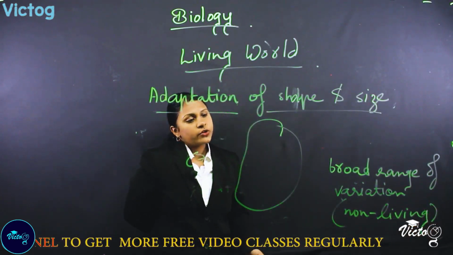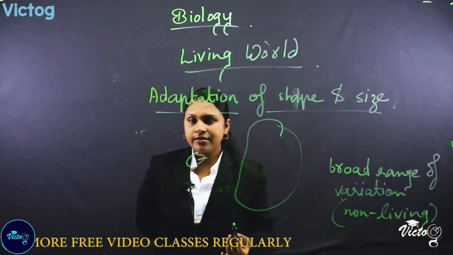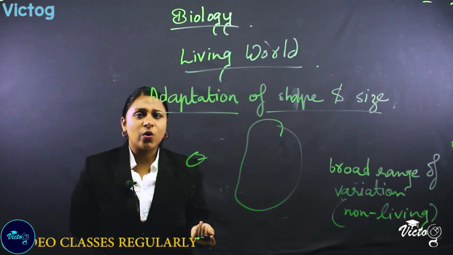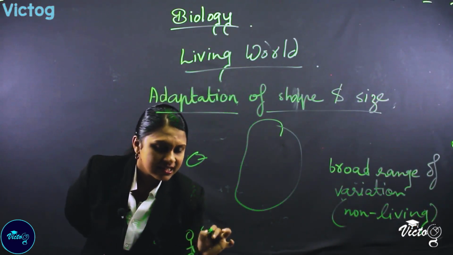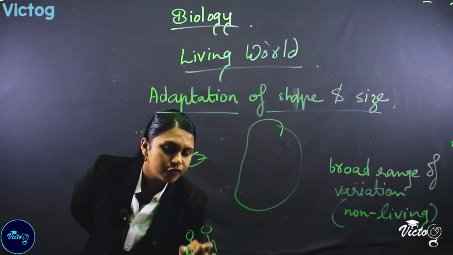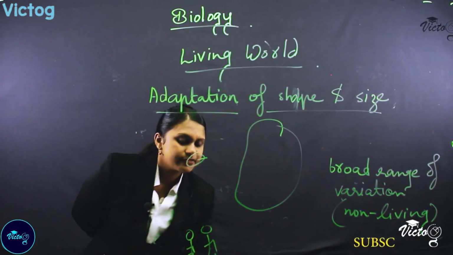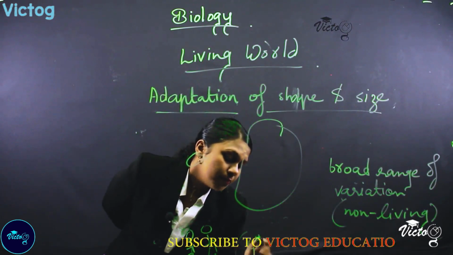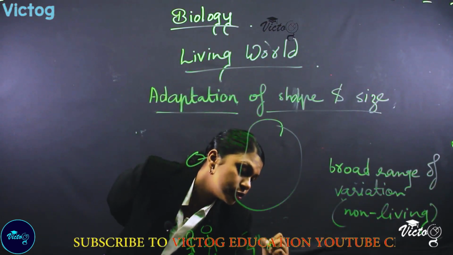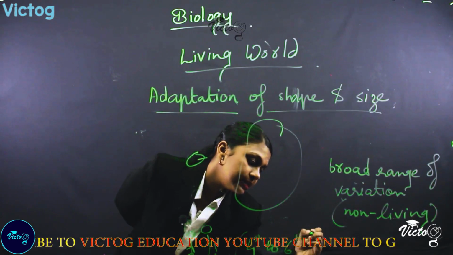Now when you consider the height of a human being or height of a cat, height of a dog, etc., there may be slight variations. Maybe this person may be 4 feet height and this 6 feet. So you can say that the size ranges from 4 feet to 6 feet height.